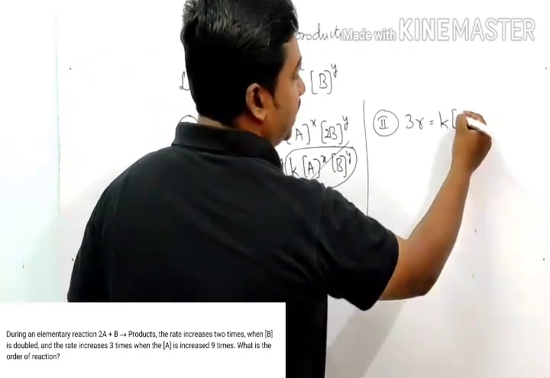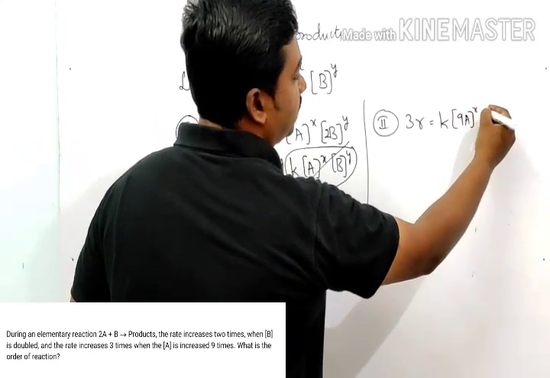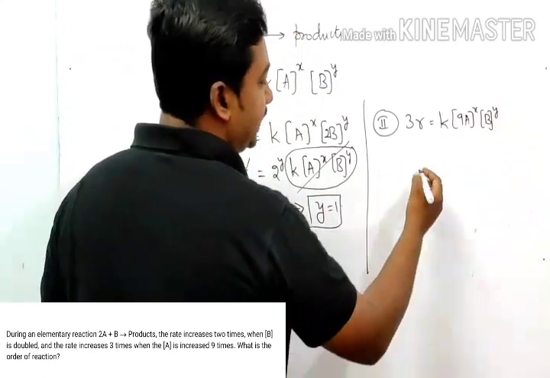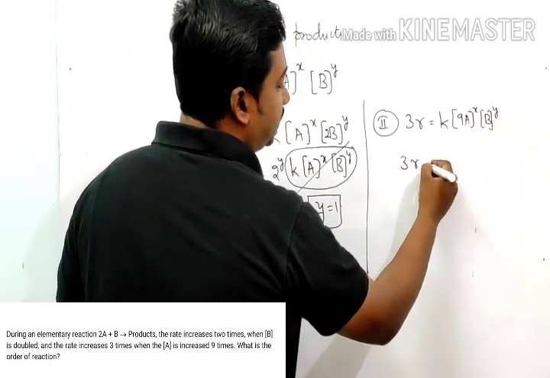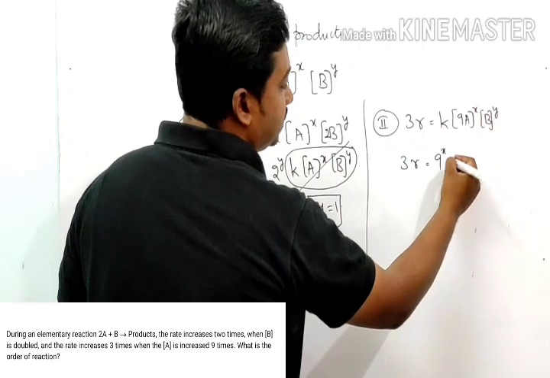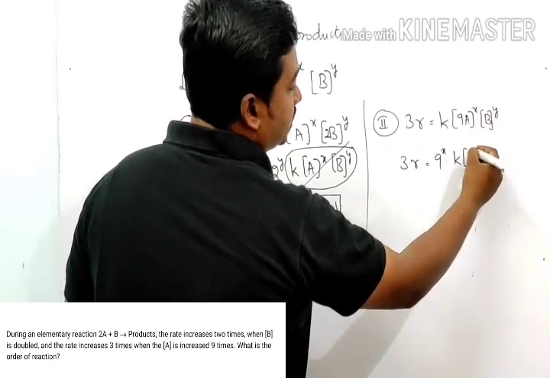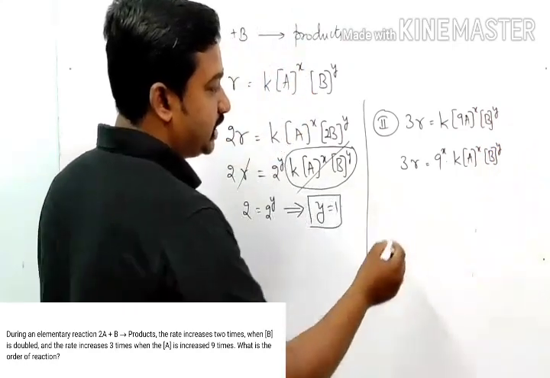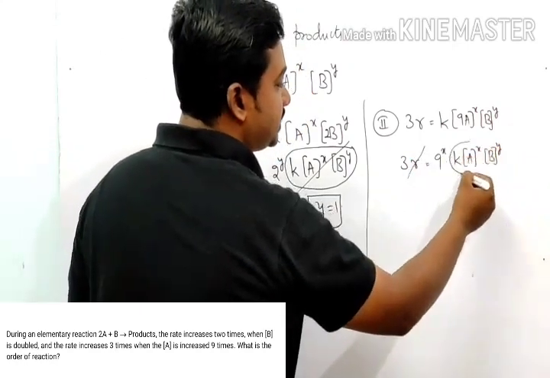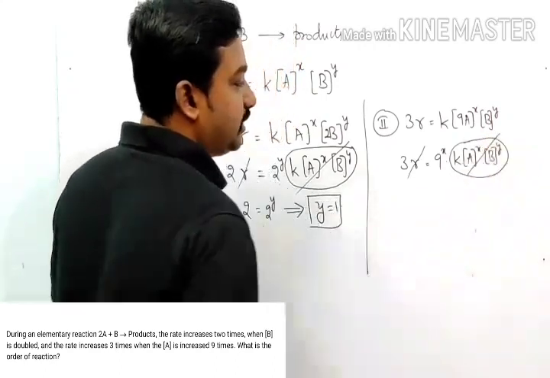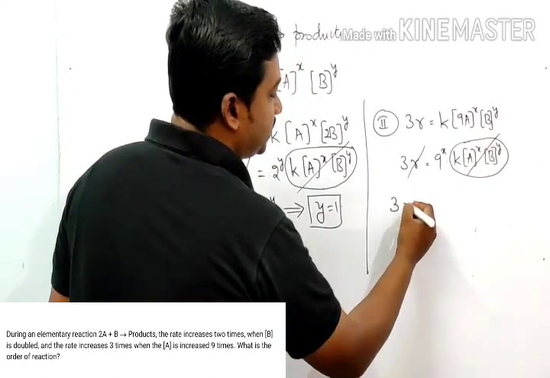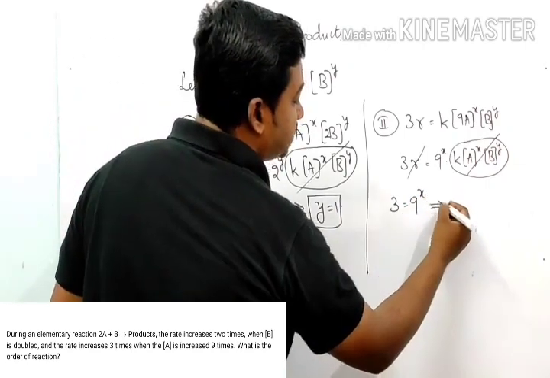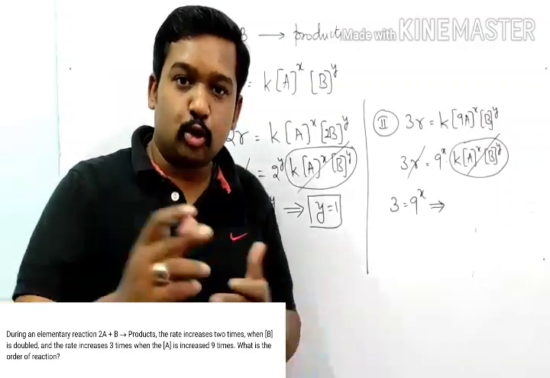So I take 9 times A power X into B power Y. Take that 9 out, then you get 3R is equal to 9 power X into K into concentration of A power X into concentration of B power Y. Once again do the same thing, that is R is cancelled with this term which is again R. Then we get 3 is equal to 9 power X. From this we can understand that X must be a square root.